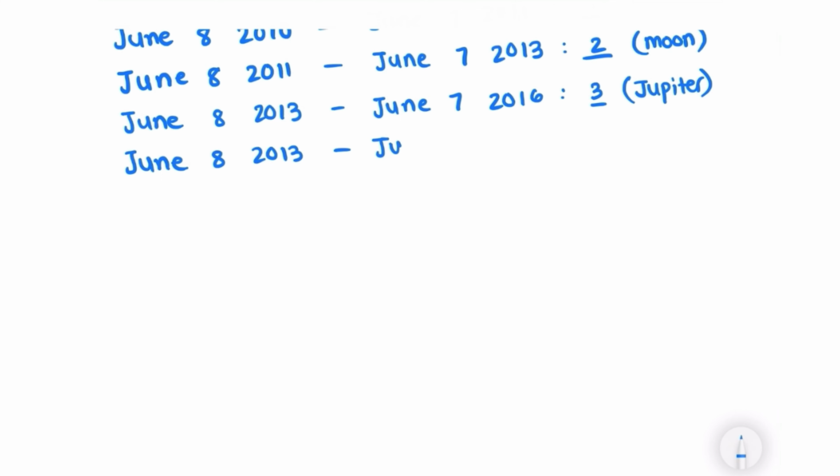After that, Rahu Dasha. So you just keep counting as much as you want until whatever year you want to know the Mahadasha for.